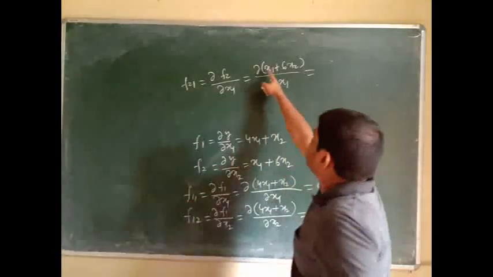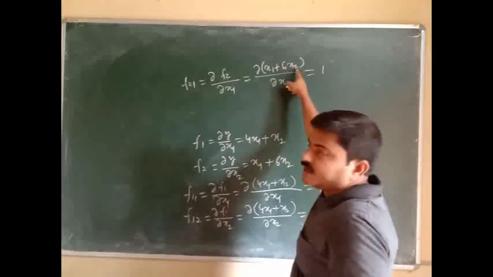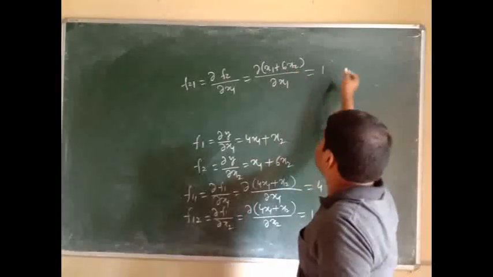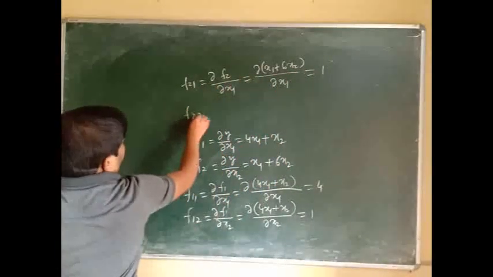So here del x1 by del x1 is 1, and 6 is constant, x2 is also constant, so it will vanish. So we have f21 is 1, and lastly we have f22.